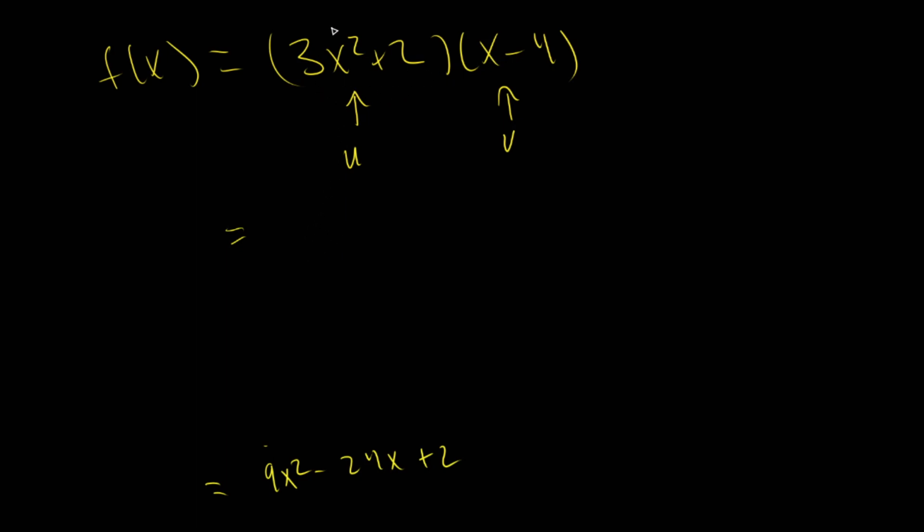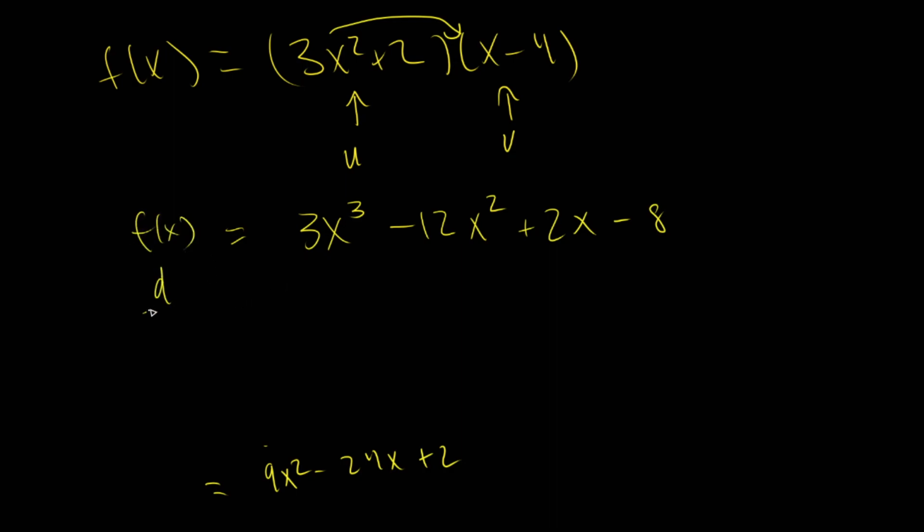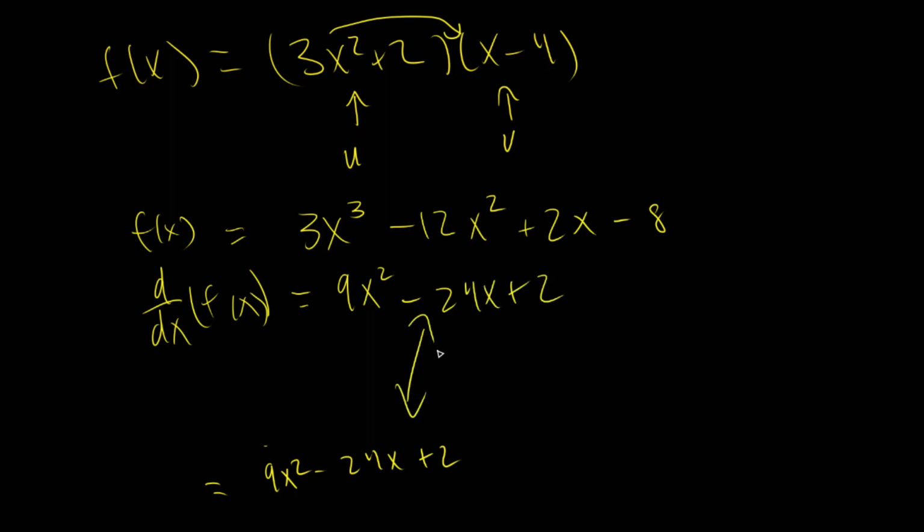So when we do expand this, 3x squared times x is equal to 3x cubed, and then 3x squared times negative 4 would be negative 12x squared plus 2x minus 8. So when we take the derivative of this, f prime at x, this would equal 9x squared minus 24x plus 2. And we notice that these two are the exact same.